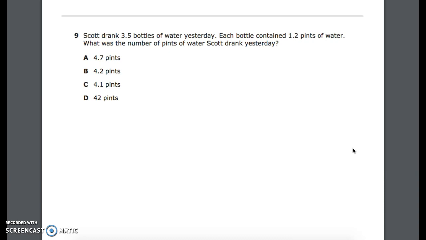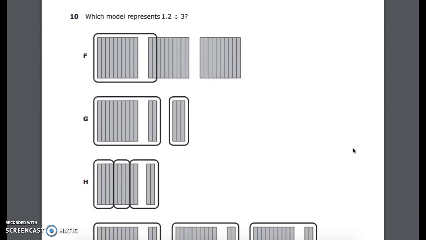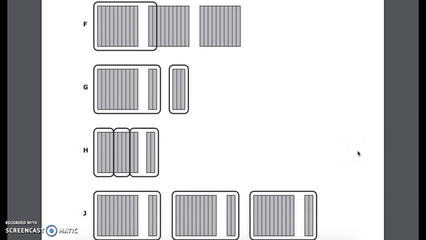Scott drank 3 5/10 bottles of water yesterday. Each bottle contained 1 2/10 pints of water. What was the number of pints of water Scott drank yesterday? Number 10. Which model represents 1 2/10 divided by 3?